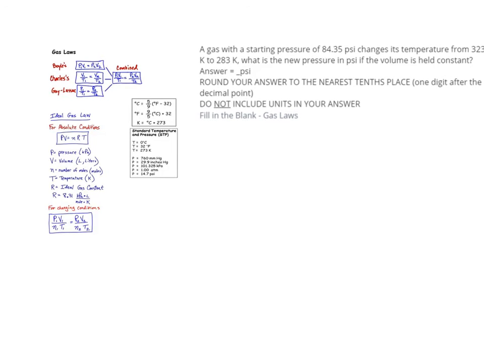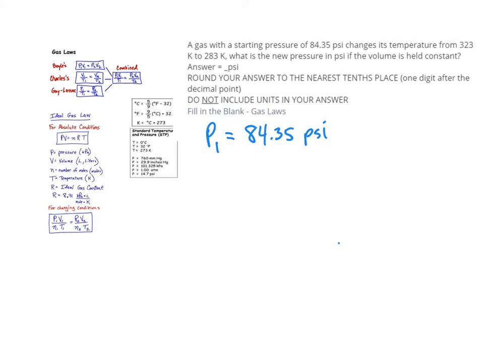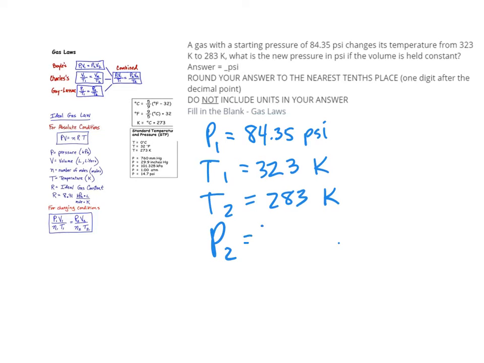A gas with a starting pressure of 84.35 psi, I'm going to call that P1, and a temperature T1 of 323 Kelvin goes to a new temperature, which I'm going to call T2, 283 Kelvin. What's the new pressure? I'll call that P2, in psi.